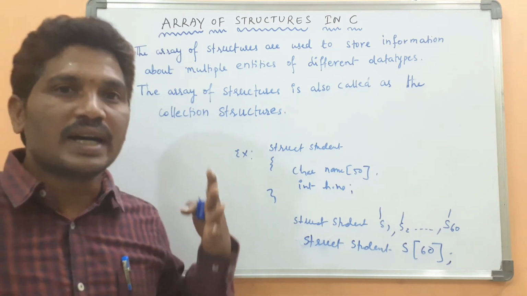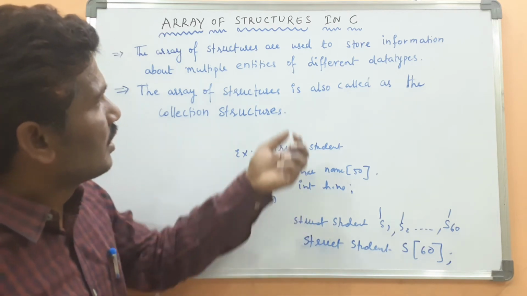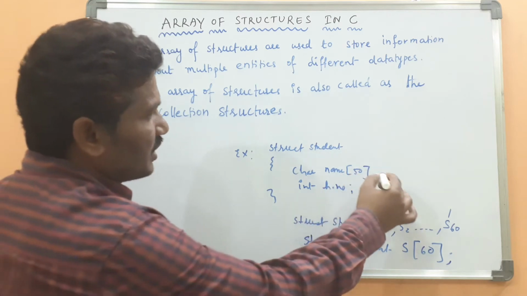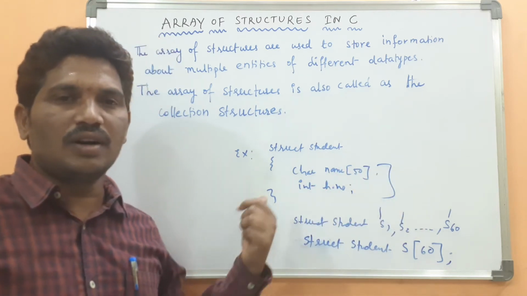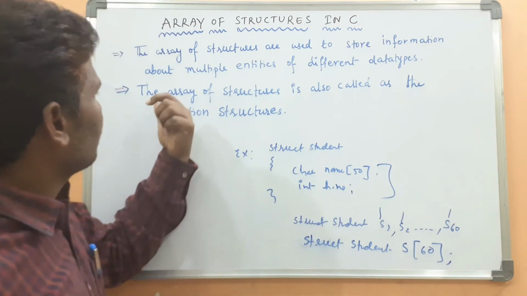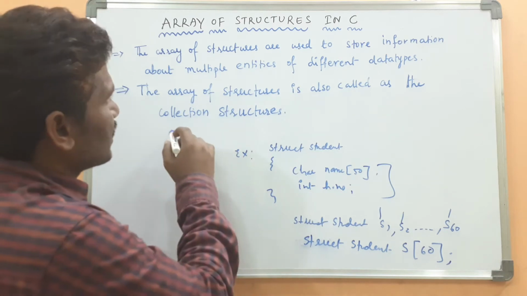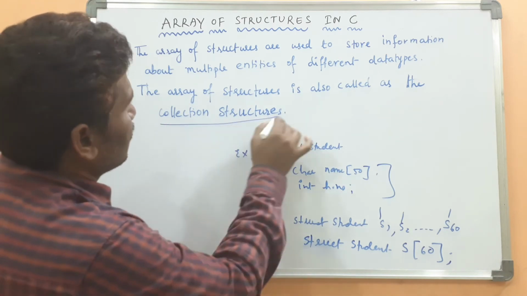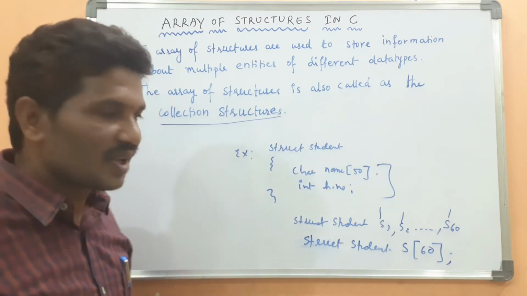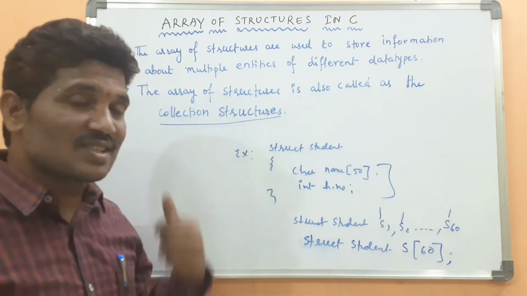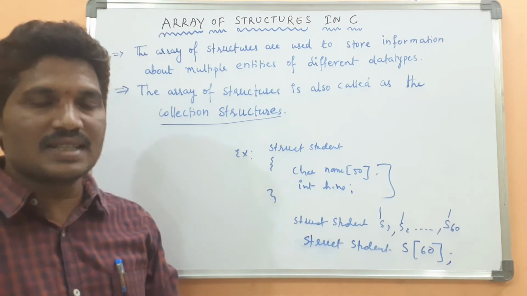Simply, multiple records can be stored in an array of structures of different data types, because you know a structure may contain a collection of elements of different data types. The array of structure is also called a collection of structures. Why is it called a collection of structures?